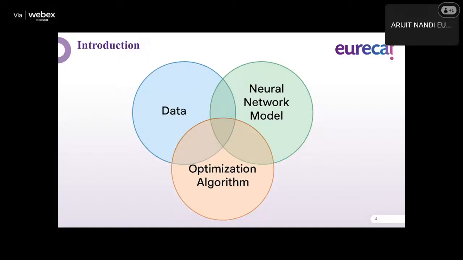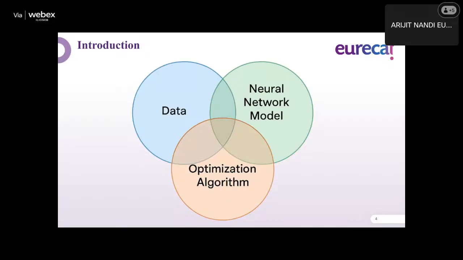So in order to develop an intelligent model, or intelligent approach, you can name it as you want, what are the ingredients? The main ingredients that you need are data, the neural network model or architecture, and the optimization algorithm.